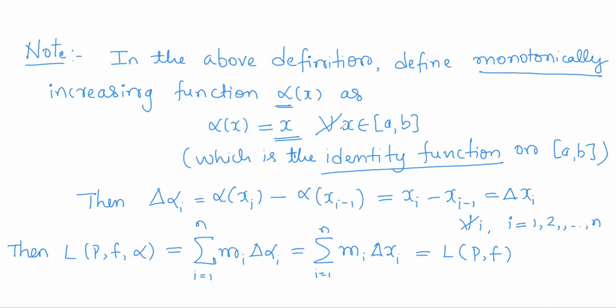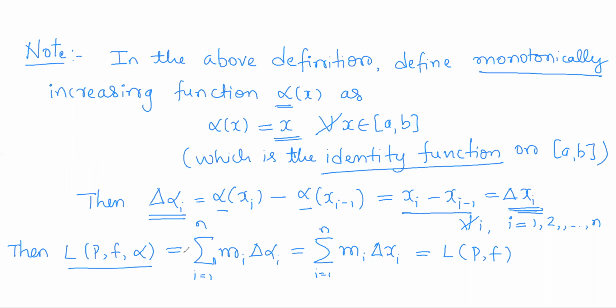So put alpha of x equal to x, then delta alpha i is alpha of x_i minus alpha of x_(i-1). As alpha is the identity function, it is x_i minus x_(i-1), which is defined to be delta x_i in the Riemann integral. So delta alpha i is nothing but delta x_i.